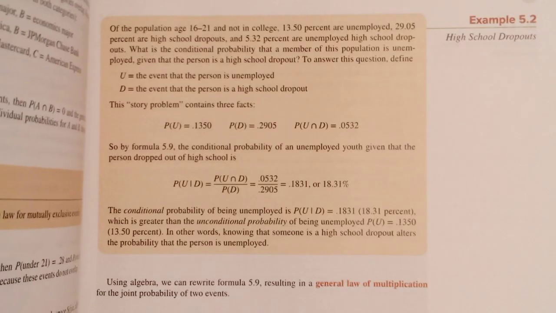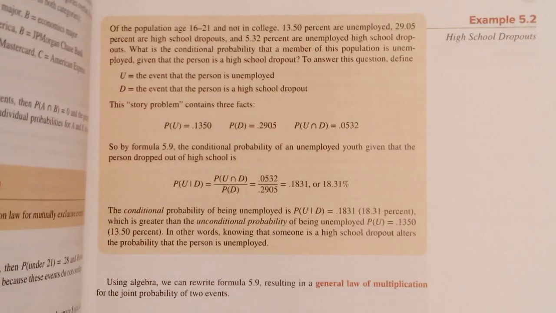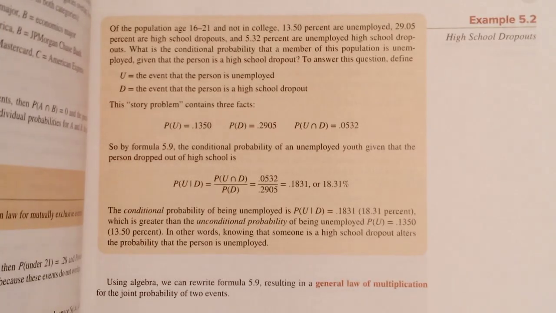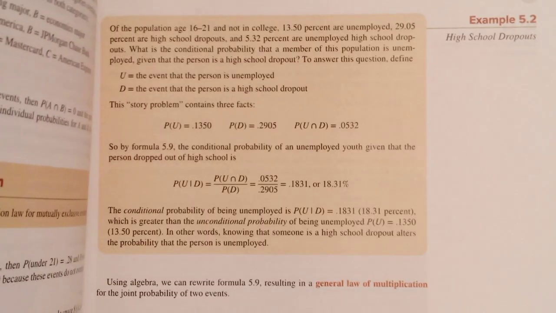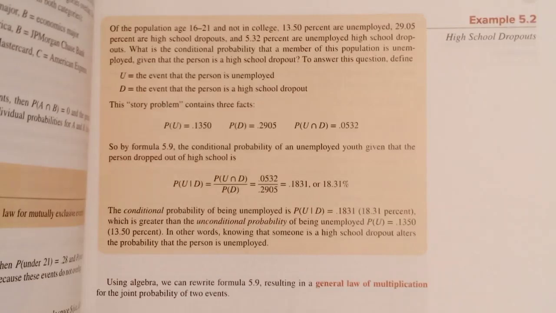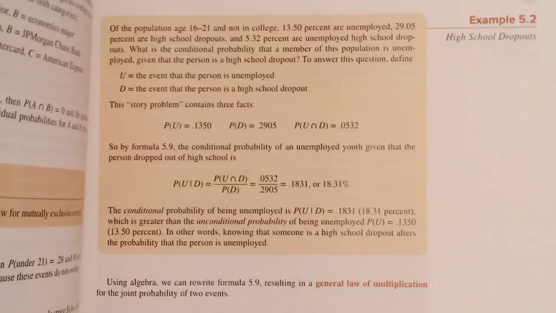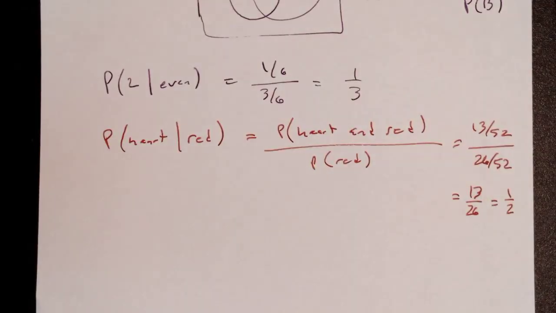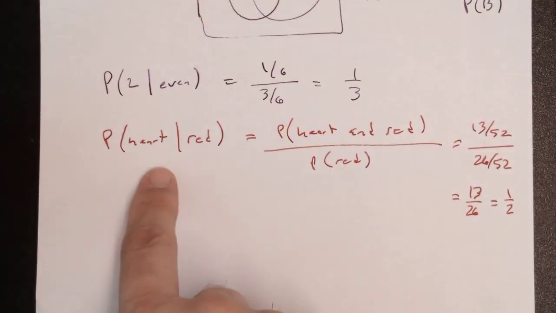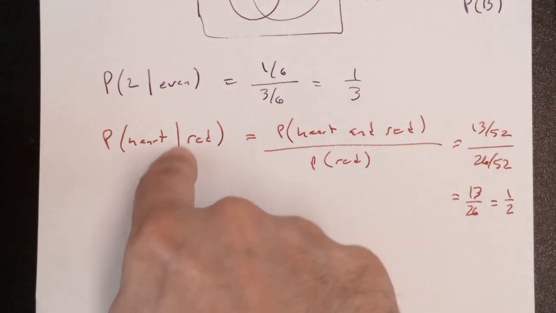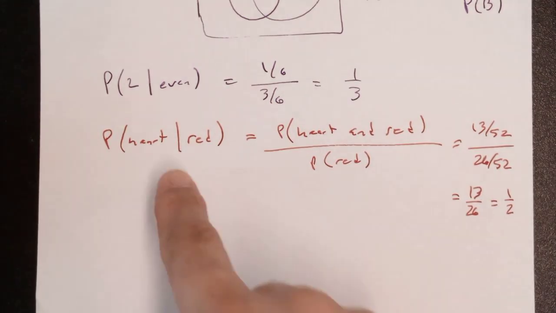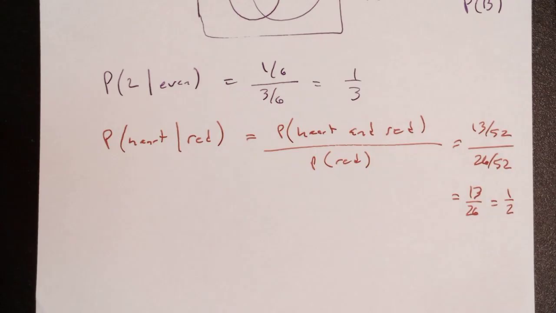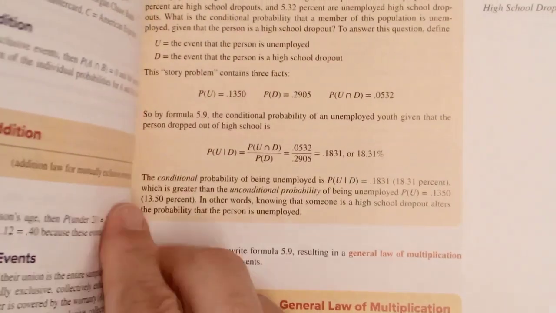So now if I ask, what's the chance someone's unemployed if I tell you they're a high school dropout? That's a conditional probability. The chance of unemployed given that they are a high school dropout. So that's P of U given D, using the letters they've used here.